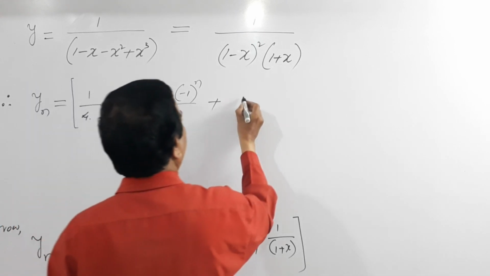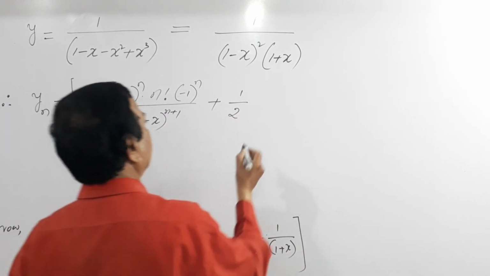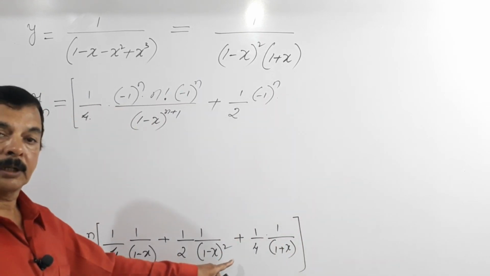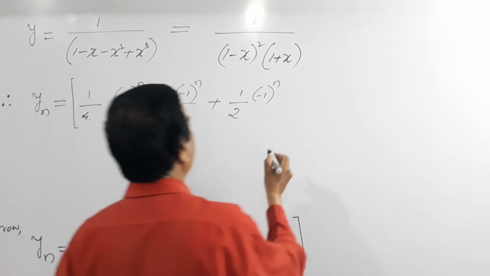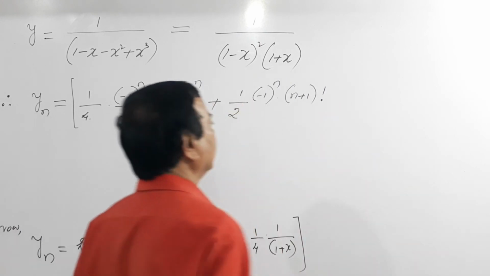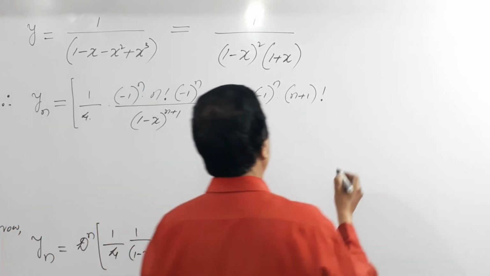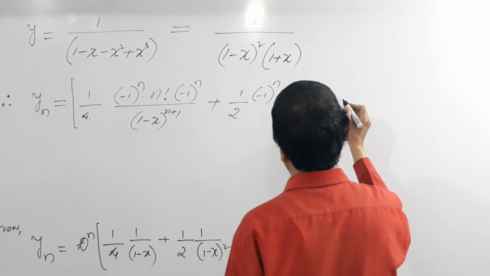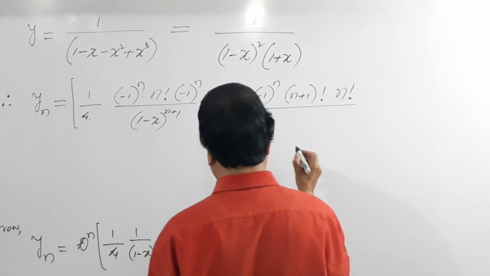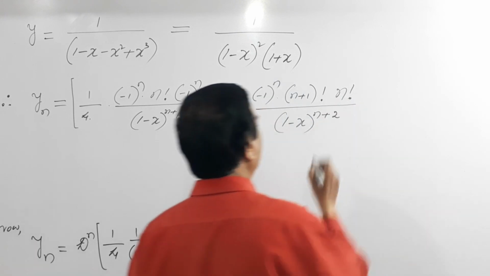Plus half, 1 by 2. So here (minus 1) to the power of n, and (1 minus x) whole to the power of 2. What happens here? Instead of n factorial, it is (n plus 1) factorial, since we have the whole square, n plus 1 into n factorial, divided by (1 minus x) to the power of n plus 2.